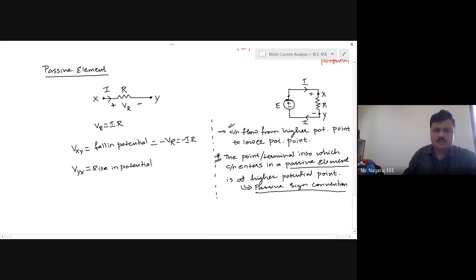So whether it is active element or passive element, rise in potential is always positive, fall in potential is always negative. Okay, so this is plus VR or plus I into R. You should not make mistake in understanding and applying this. This is a very crucial part of circuit analysis. If you go wrong here, your entire things will go wrong. Okay.